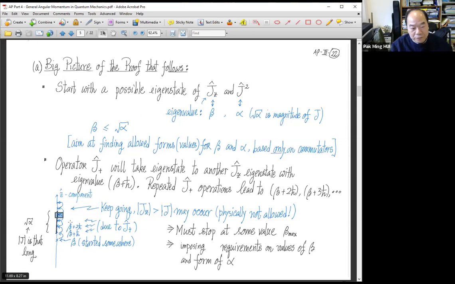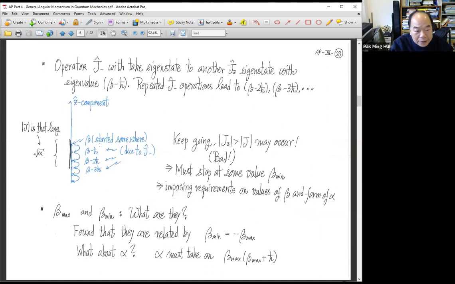Cut it off. All right. So how can we cut it off? And what is that maximum value? We can derive it. Similarly, you start at beta, you use the lowering operator, it keeps on decreasing the value. Sooner or later, it will be longer than the angular momentum itself.